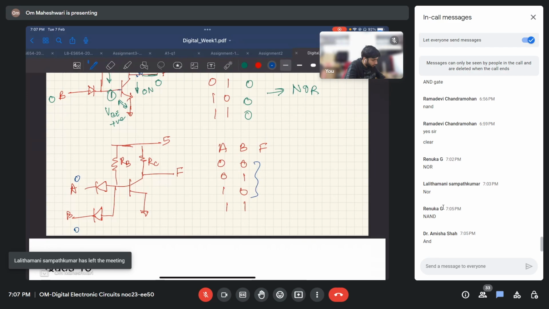In all of these cases, when any of these is 0, any of the diodes is turned on. So when any of the diodes is turned on, we get a clear path here, and that will turn on this transistor.